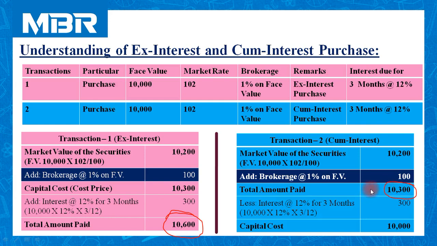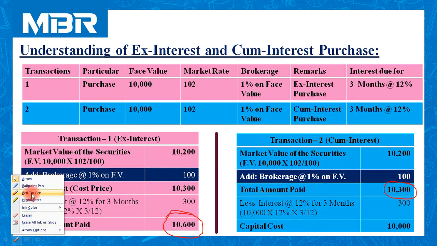So this total amount paid includes value of the security as well as interest due. So less interest at the rate of 12% for the period of 3 months. So 10,000 rupees, 12% rate of interest and 3 months. So amount of interest due on this transaction is 300. So capital cost of this investment is 10,000.